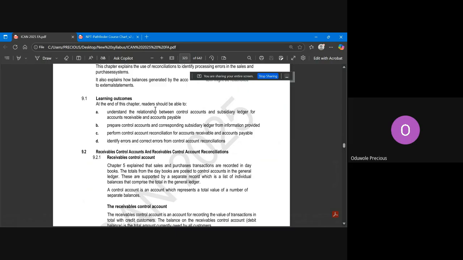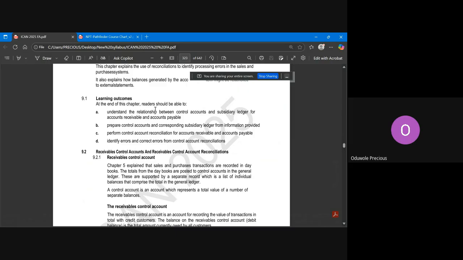Okay. So now what is it used for? A receivables control account serves as a check and balance to your individual receivable ledgers, their balances, and all other transactions that relate to your customers. Let me take it like this.